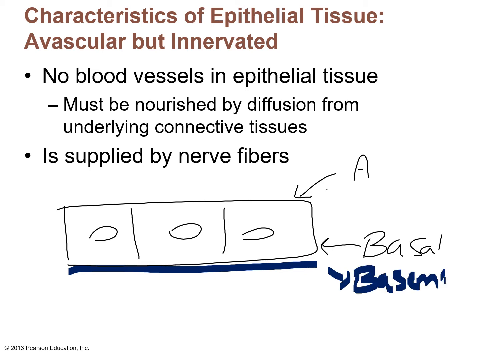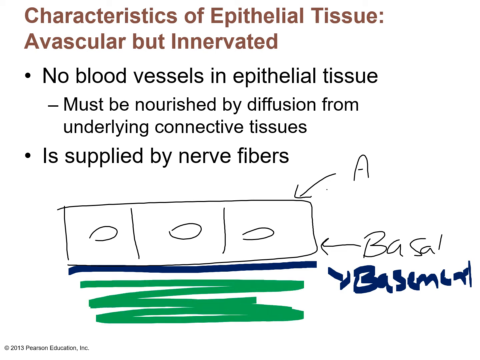So right here, that's my basement membrane. Now underneath the basement membrane, what I'm going to have is basically connective tissue. So right here, underneath my basement membrane, this is going to be my connective tissue.